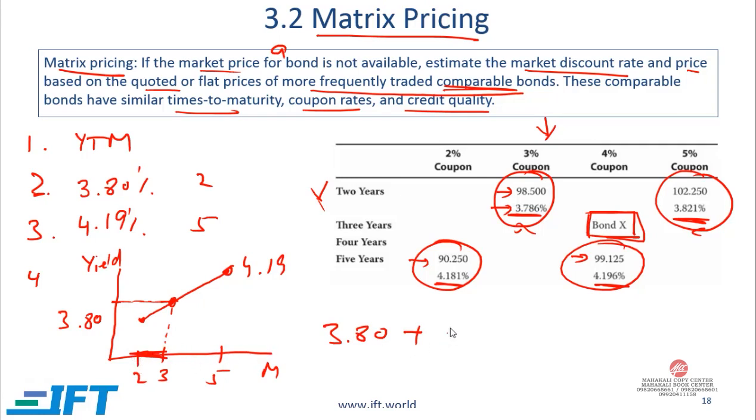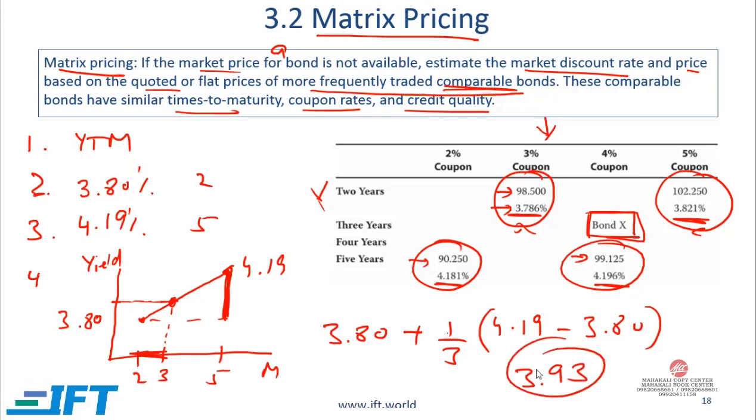So we have 1/3 multiplied by this distance, which is 4.19 minus 3.80. When you do the calculation, you should get 3.93.